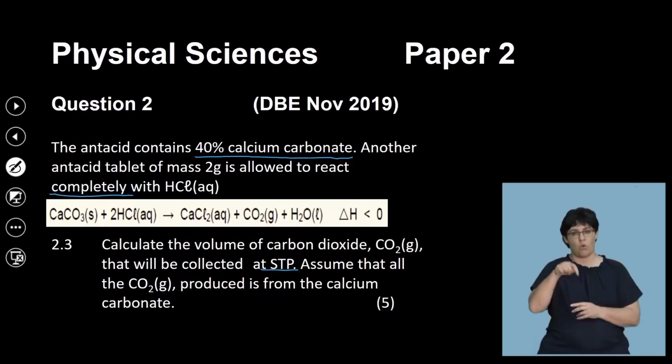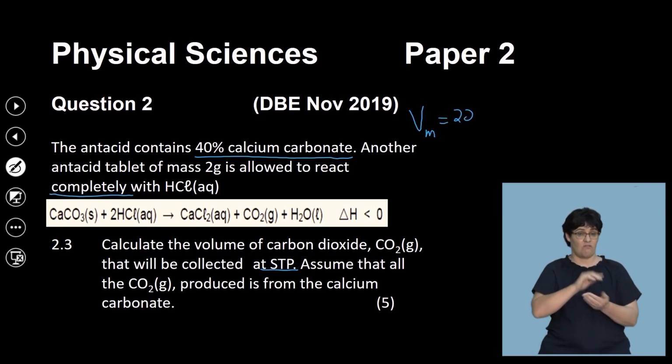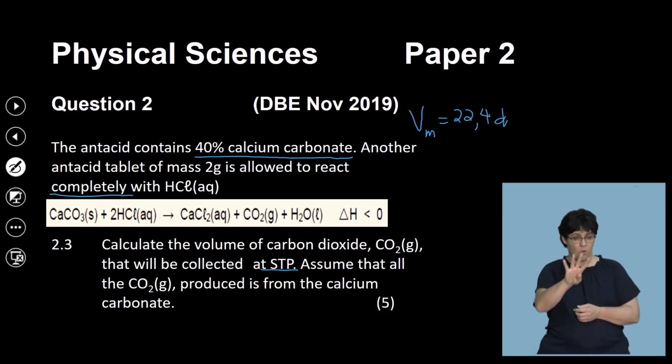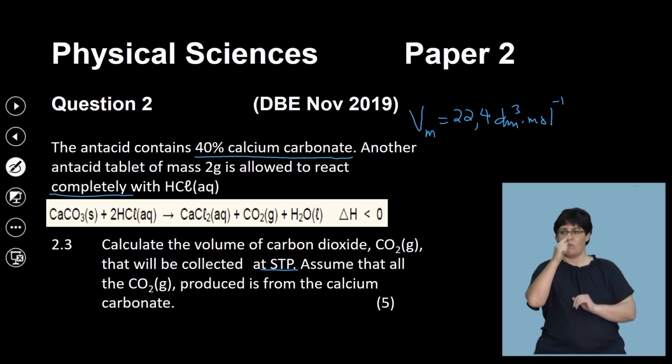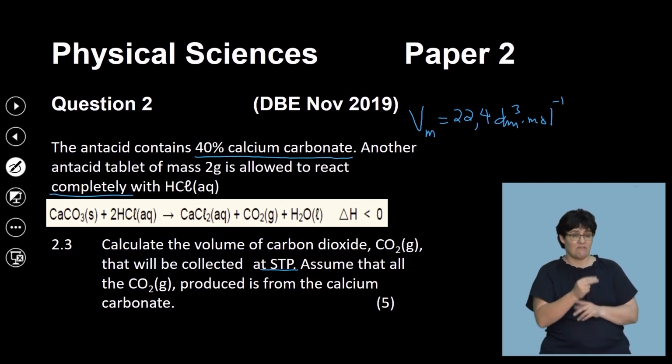That's why the molar gas volume is equal to 22.4 cubic decimeters per mole. If we say per mole, how many moles are there? It's 1. So 1 mole of any gas at STP occupies 22.4 cubic decimeters. That's the main thing.